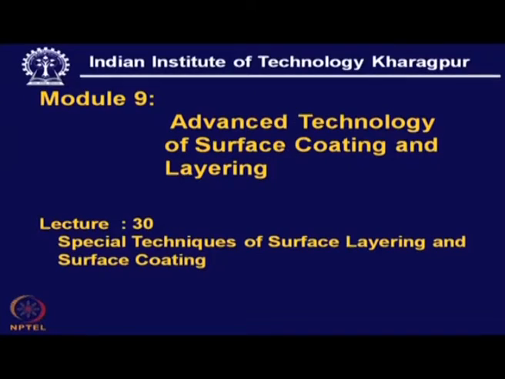Special techniques of surface layering and surface coating. Here we would like to discuss that there can be various coating techniques and processes, but ultimately the objective is to come up with some utility product or utility tool which can be of some engineering use.